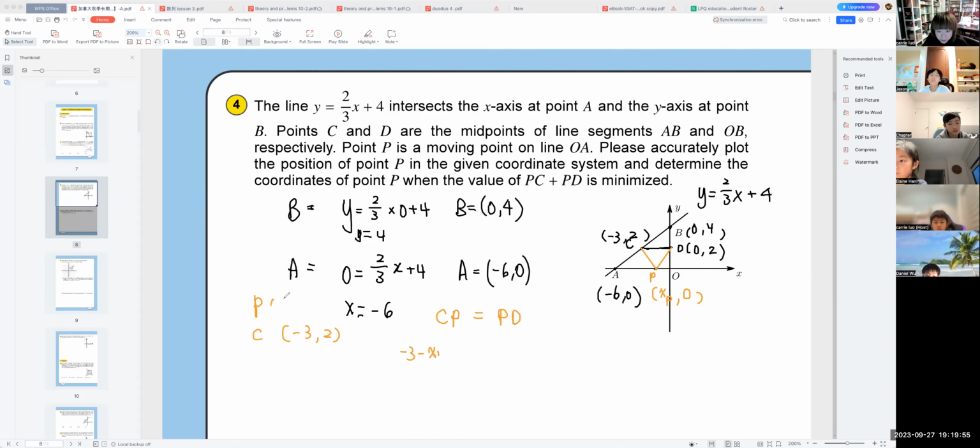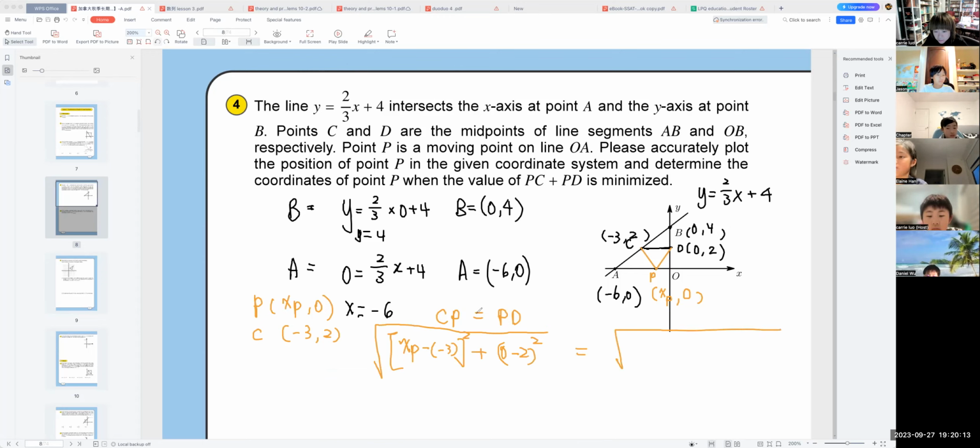P equals (xP, 0), so we have the square root of (xP minus negative 3) squared plus (0 minus 2) squared. And PD is the same thing. P equals (xP, 0) and D equals (0, 2). So the square root of (xP minus 0) squared plus (0 minus 2) squared.